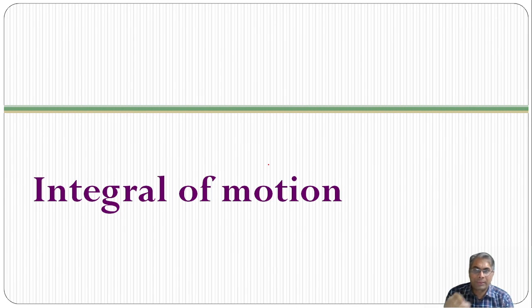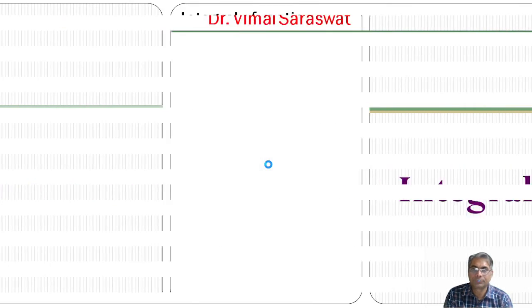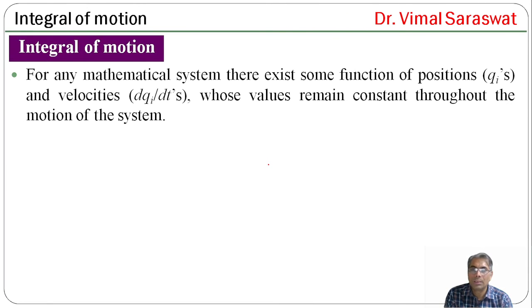Now, next one is integral of motion. For any mechanical system, there exists some function of position, that is Qi's, and velocities, that is dqi upon dt's, whose values remain constant throughout the motion of the system.